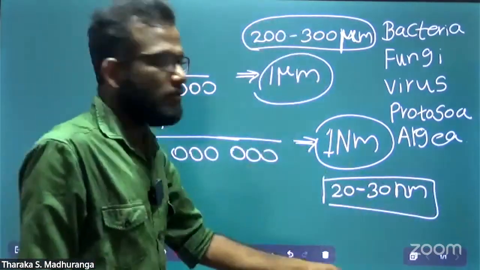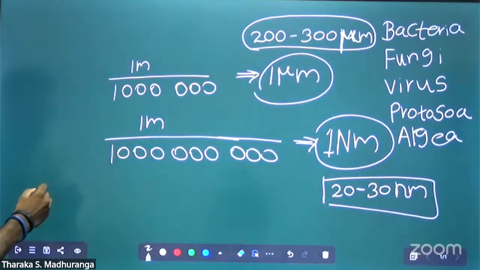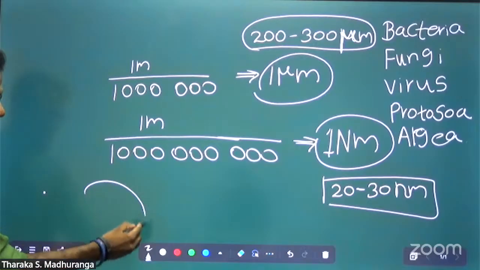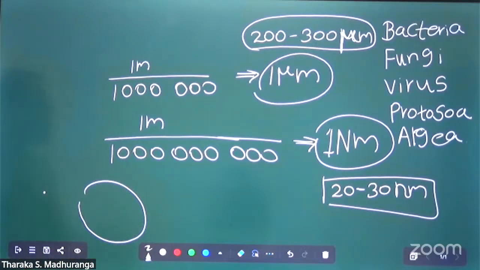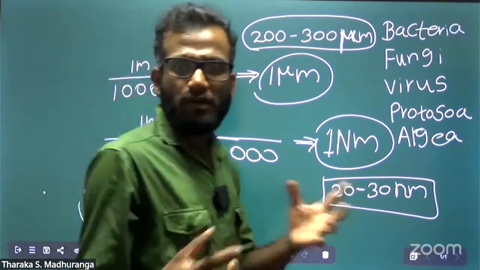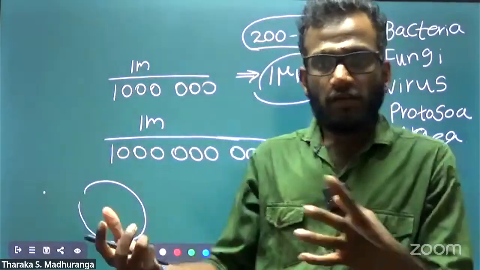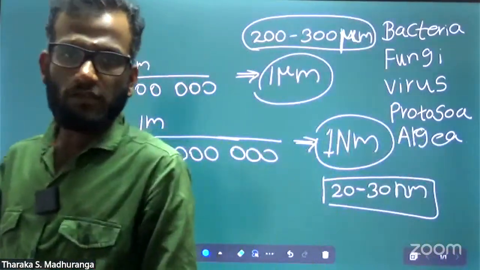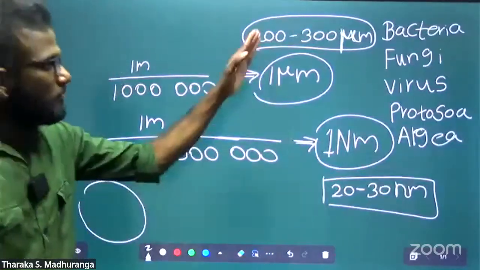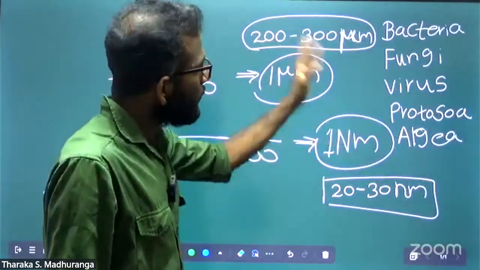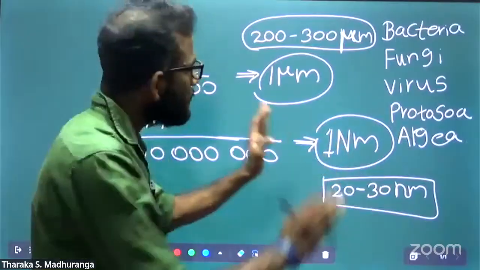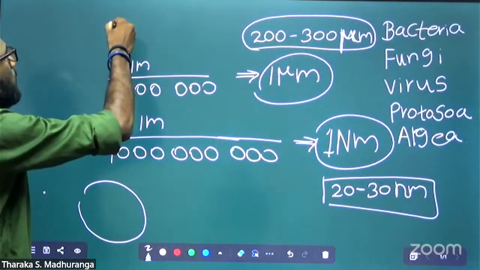If we compare, if the virus is like this, and you magnify the bacteria, it is like this. The size is totally different. However, all their sizes are less than 0.1 millimeter.